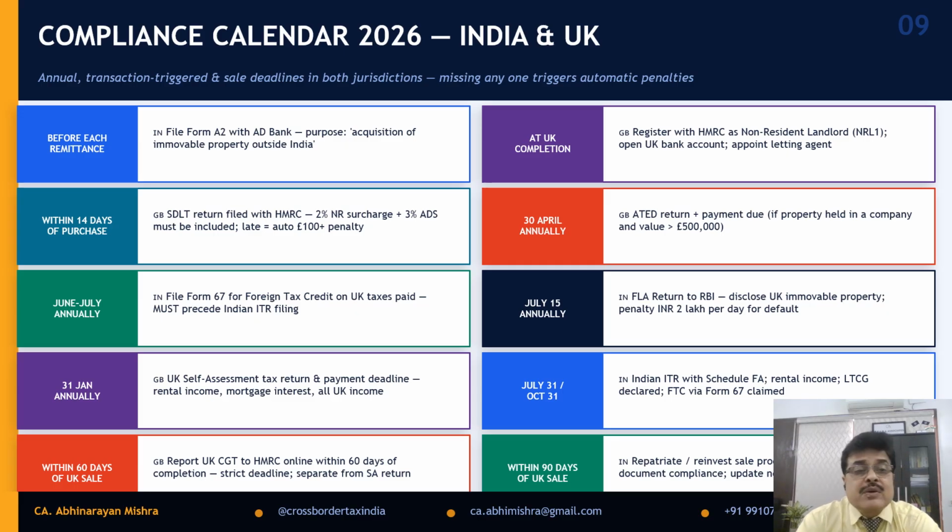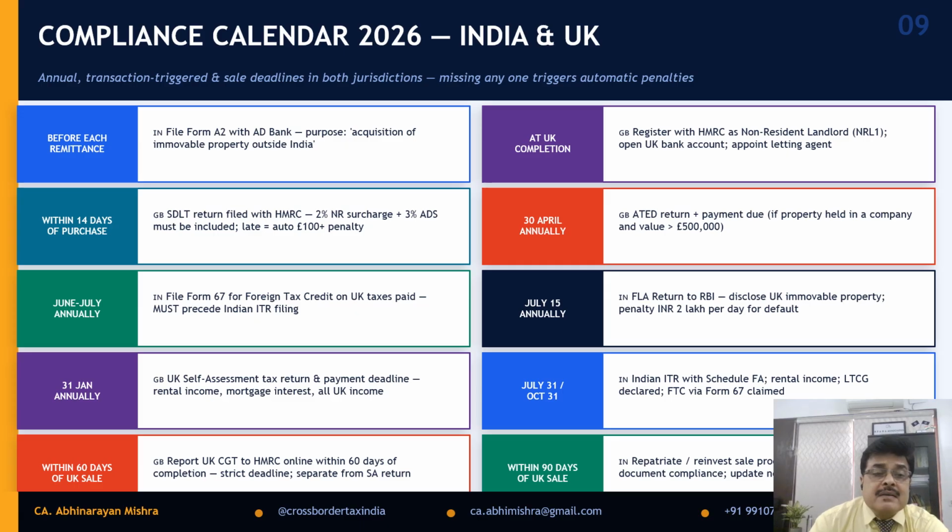Within 30 days of purchase, the SDLT return is filed with HMRC, and the 2% NR surcharge plus 3% ADS must be included. On 30th April annually, the ATED return plus payment is due if the property is held in a company and has a value of over £500,000.